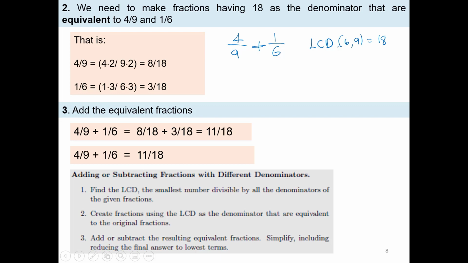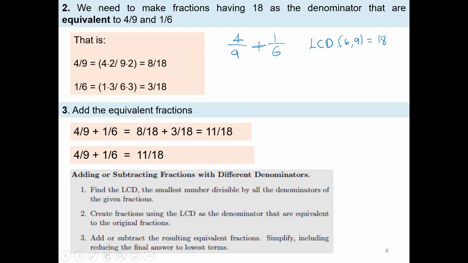Now we have equivalent fractions. 4 over 9 equals 8 over 18, and 1 over 6 equals 3 over 18. Now we have equivalent fractions to the original fractions in the problem, but with a common denominator.